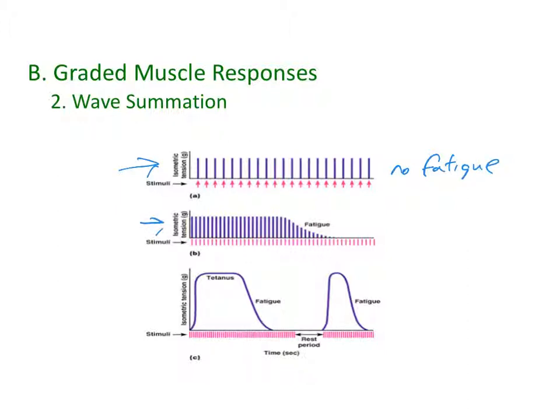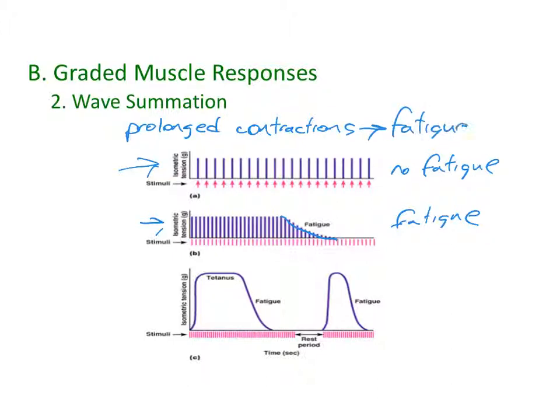Higher frequency, where you can see after a period of time you're getting this fatigue. And then with tetanus you hit fatigue faster, and the second peak is just showing that it takes a while to recover from fatigue. So prolonged muscle contractions lead to fatigue, which should also be something familiar to all of you. And we will talk about muscle fatigue more in a few minutes.